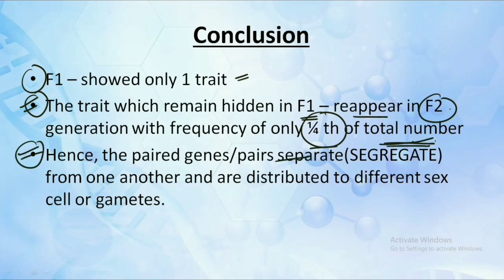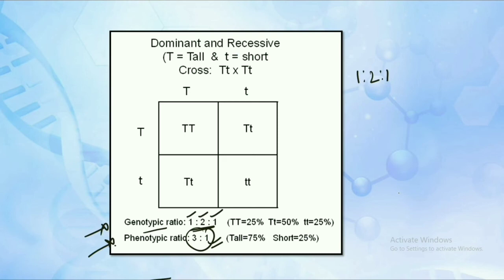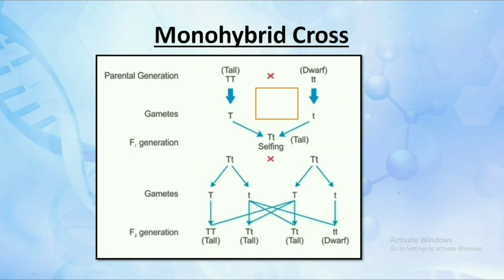The final conclusion was that the paired genes separate, or the other word for the same, they segregate from one another and are distributed to the different gametes. We have just seen that these genes get separated out from each other.